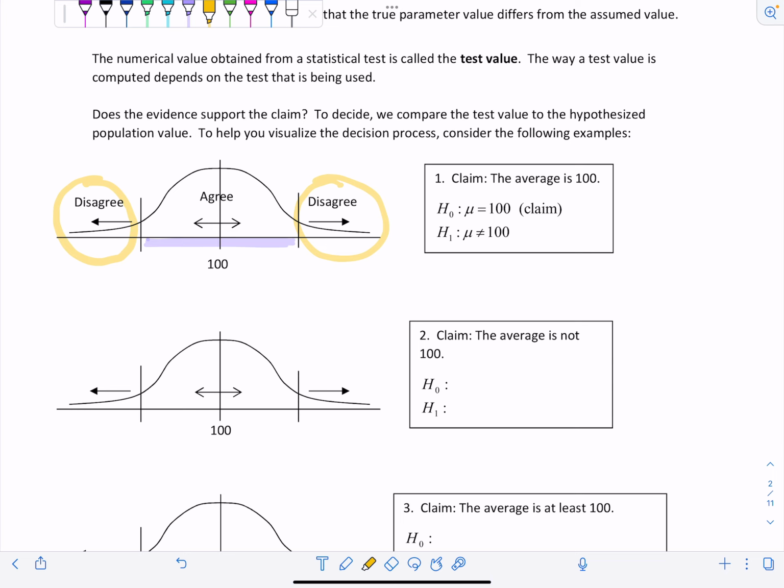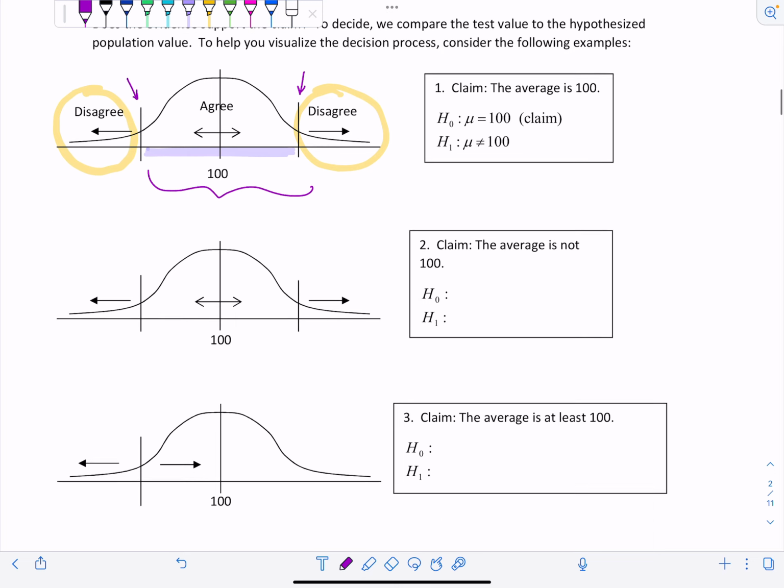Then you would say, no. But we all give ourselves some wiggle room to say, there's sampling error, so it doesn't have to match 100 spot on. I'm still going to agree with the claim if we're in this realm here. And we'll talk about exactly how to find these values, these cutoff points. That's what we're going to do when we conduct a hypothesis test, okay? But let's just keep speaking more generally so you guys can get the idea of what's going on.